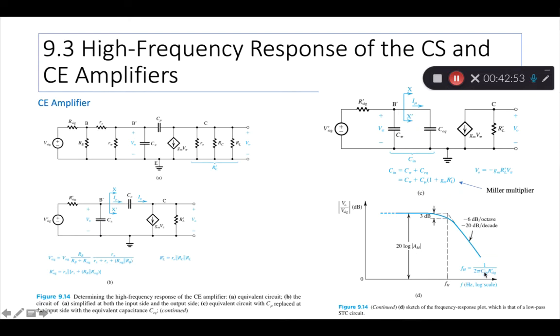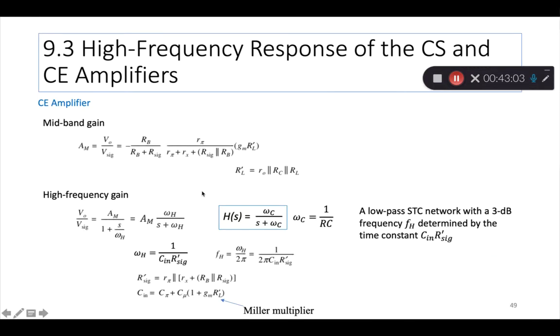And this cutoff frequency has its formula in the form of 1 by RC, similar to what we saw for the FET. And the actual formulas to be used are the midband gain, V0 by V signal in the midband has this formula. It's a little more complicated than for the FET, but the form is the same, right? There are resistances everywhere. There's an RL prime, which is this.